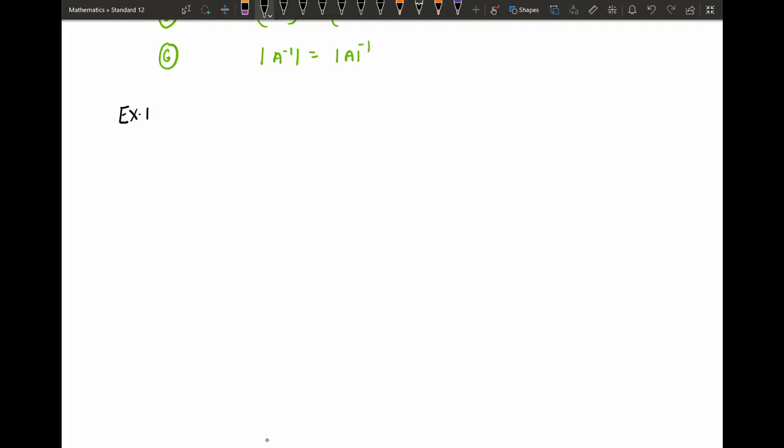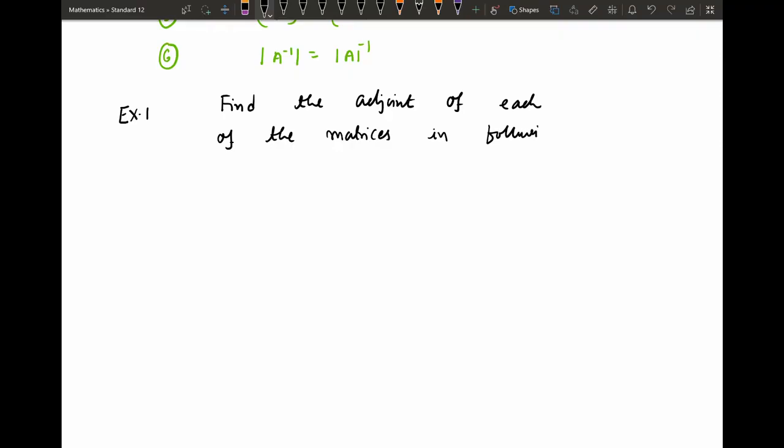Example 1. Write the minors and cofactors of, and find the adjoint of each of the matrices in the following questions.